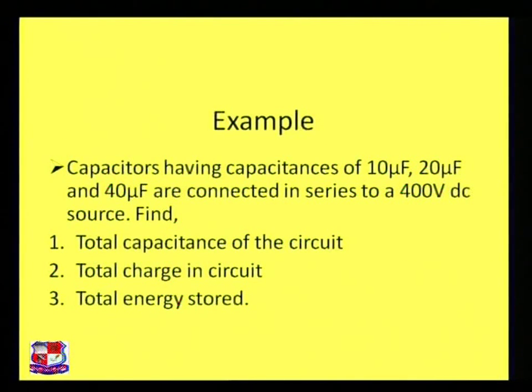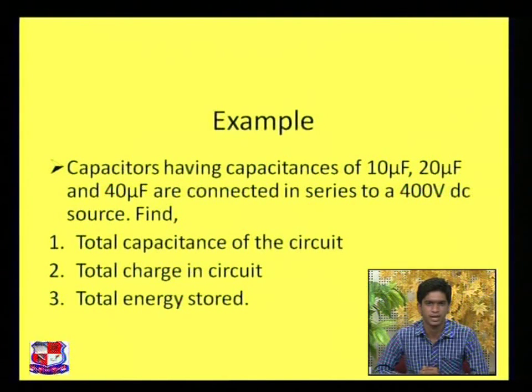Now we have a beautiful example on this theory. We can use capacitors in series in this. See the example. Here three capacitors are given in series: 10 microfarads, 20 microfarads and 40 microfarads. They are all connected in series, and the voltage 400 volt is given.